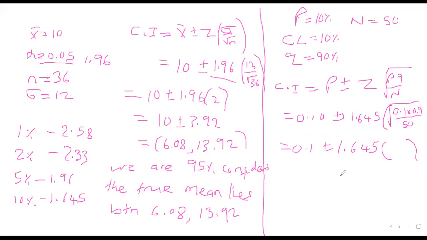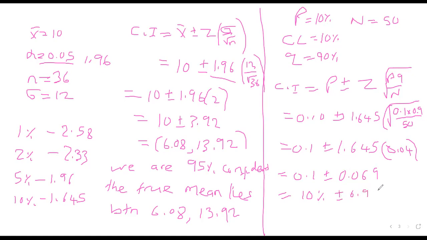We have 0.0424. And you multiply that, what are you getting? We have 0.0697, about 0.069. So this is the same as 10% plus minus 6.9%.